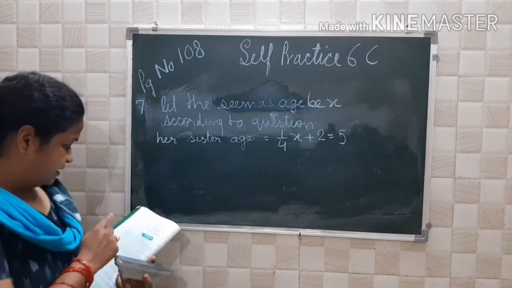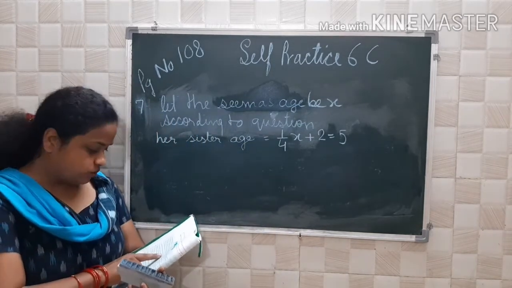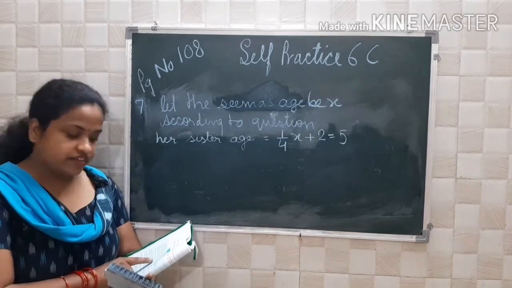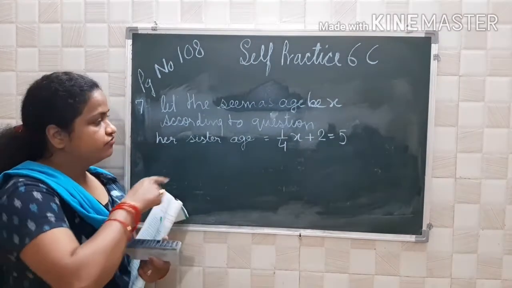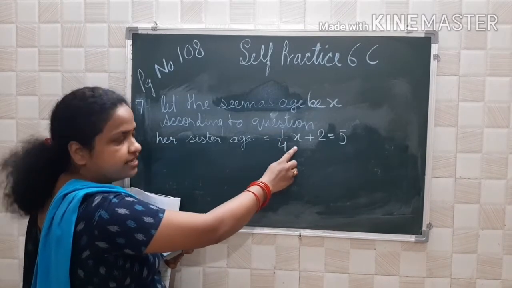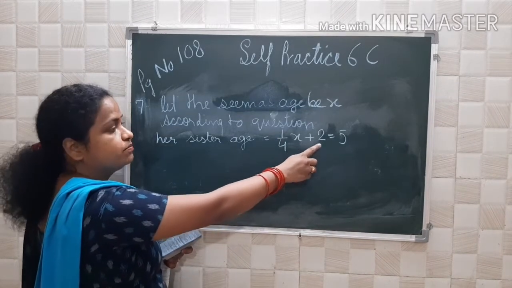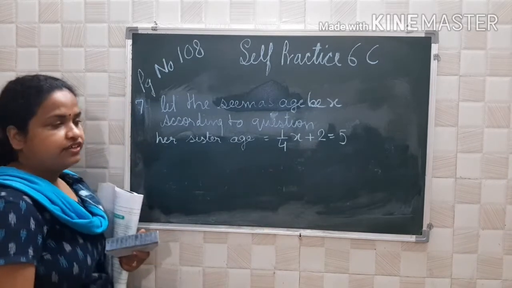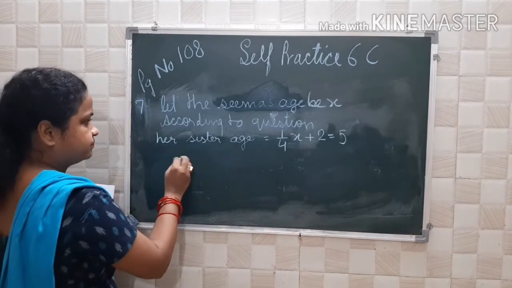It is given that Seema's little sister is 5 years old if her age is 2 years more than 1/4 of Seema's age. 1/4 of Seema's age is 1/4 of x, and 2 years more, plus 2, is equal to 5. Now you solve that equation.